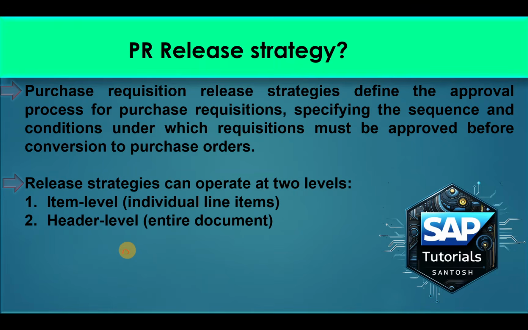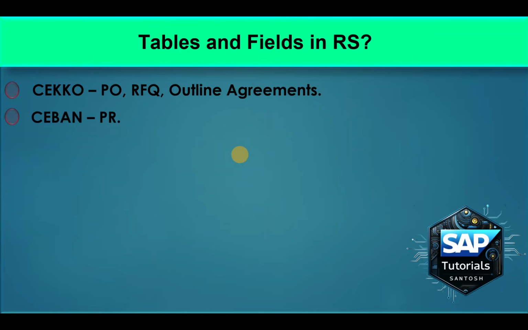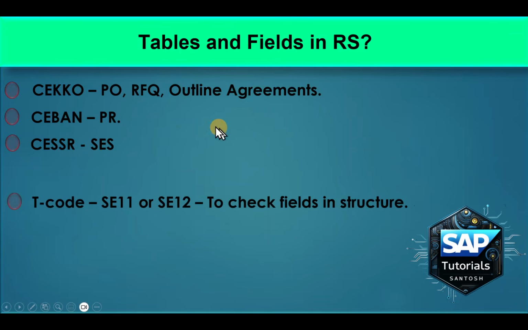Let's go ahead. These tables we have already seen last time, but we were focusing only on CEKKO last time. This time, for PR, the table is CEBAN. As you already know by now, if you have watched the PO release strategy video, SE11 or SE12 is the T-code to check these field structures.